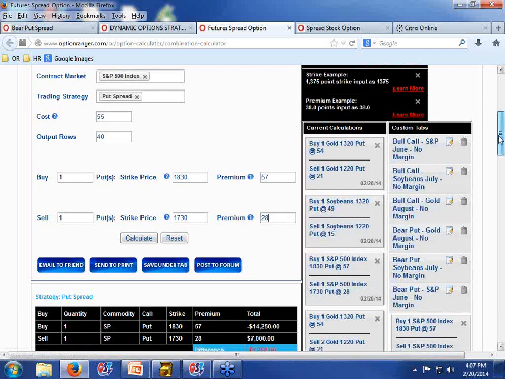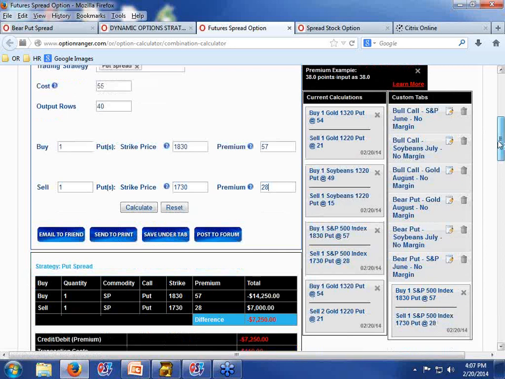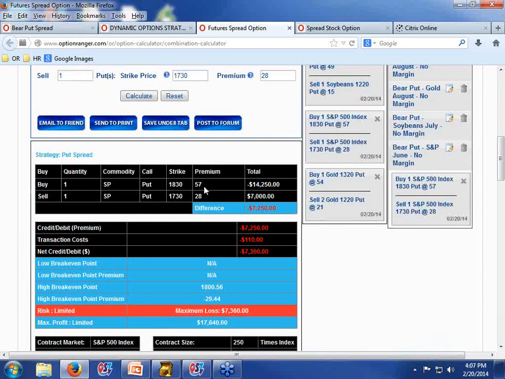And let's have a look at the trade. It's $250 a point, so it's 57 times 250 is 14,250, and 28, which is the option that we sell, is 7,000, reducing the cost of this trade to 7,250, but also capping the profit potential at 1730.